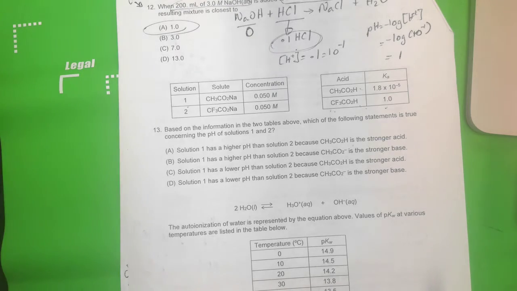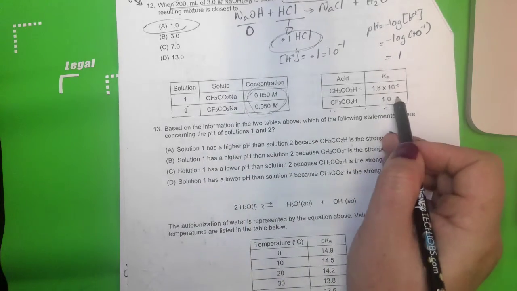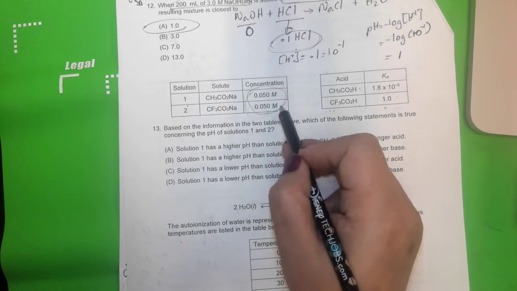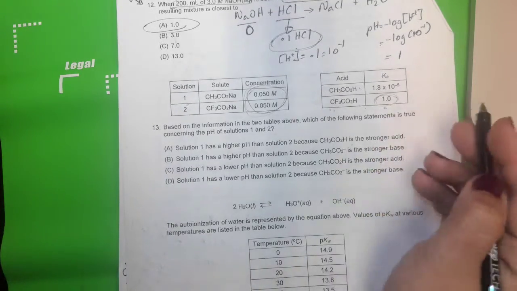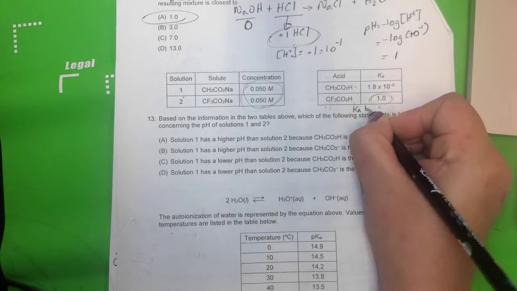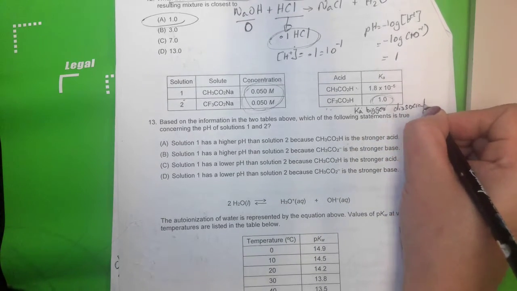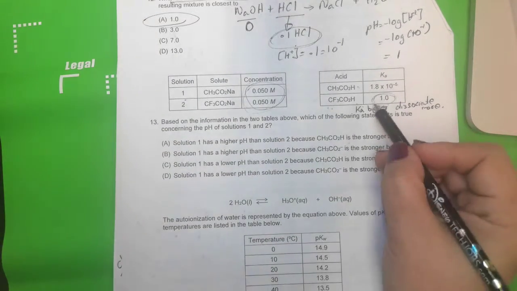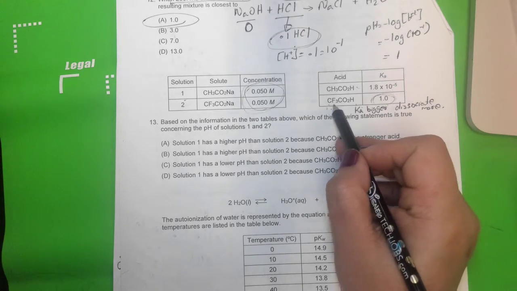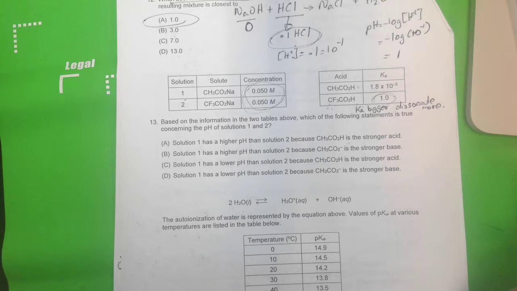So you're mixing. And since they have the same concentration, right? If the concentration was different, you could not just use Ka. Because they have the same concentration, you're going to use Ka. Because this Ka is bigger, this dissociates more, right? Ka bigger means dissociate more. Okay, in this case, it's a stronger acid. So based off of this, we know that CF3CO2H is going to be the stronger acid.